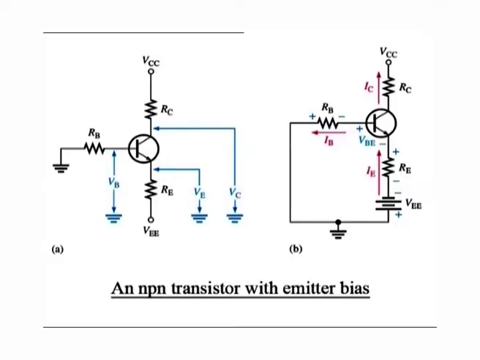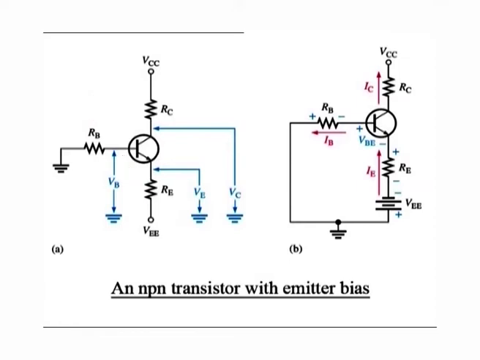In an NPN circuit, as shown in the figure here, the small base current causes the base voltage to be slightly below ground. The emitter voltage is one diode drop less than this. The combination of this small drop across RB and VBE forces the emitter to be at approximately -1 volt.